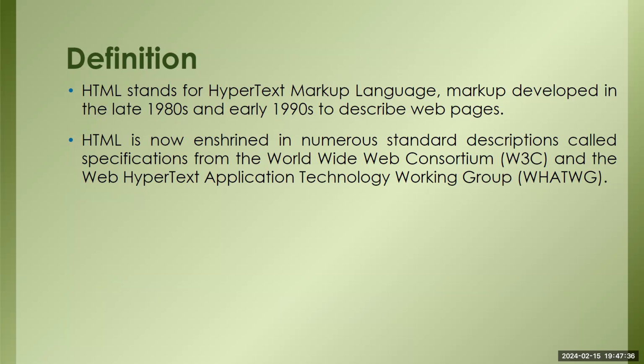There is an organization called the World Wide Web Consortium, W3C, right? They are the people managing all these terms, right? Technically what should be in the HTML, right? And another group, the Web Hypertext Application Technology Working Group, is another one they mention, right?